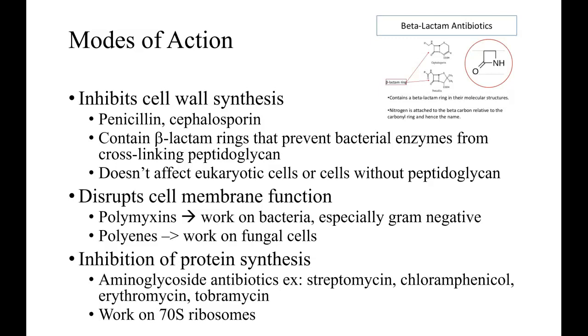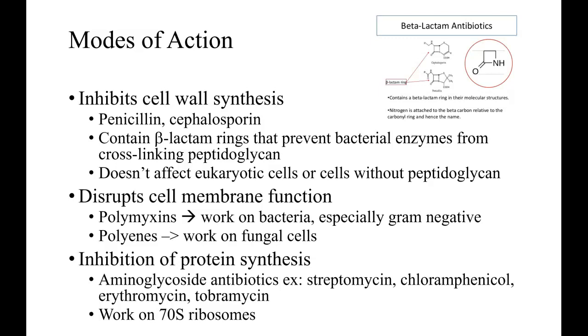So these particular drugs that inhibit cell wall synthesis are beta-lactam ring antibiotics. And I've got a little picture where you can see that beta-lactam ring. These beta-lactam rings interfere with the enzymes that actually help to form that peptidoglycan layer. So it's going to target that bacteria.